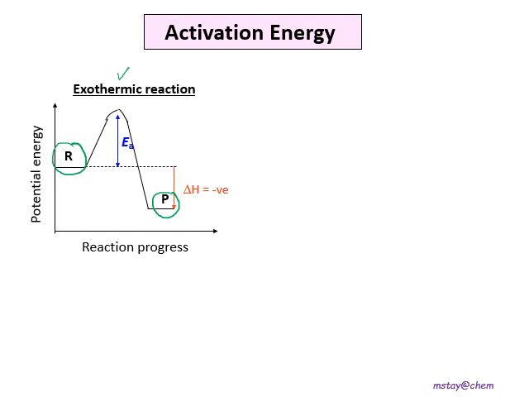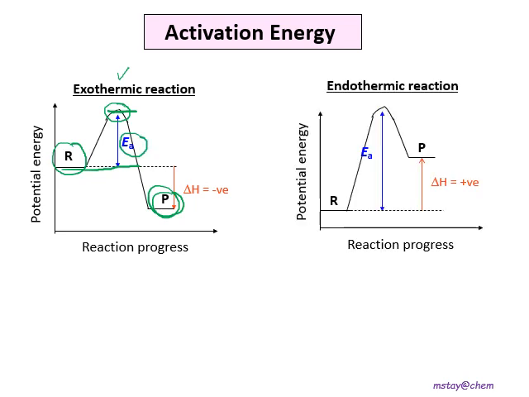Once the reactants are able to climb or achieve this energy, then only will they produce the products. So from the reactants up to the top of the energy profile diagram, this is called activation energy.